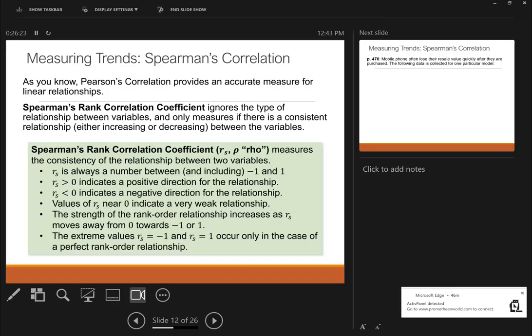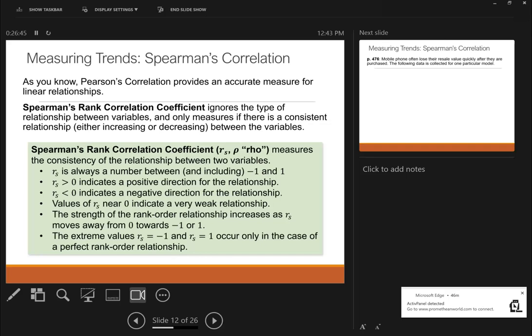The same facts are true about the Spearman statistic as for the Pearson's. So again, it's always between -1 and 1. Positive Spearman statistics mean that we have a positive direction. Negative means negative. Values near 0 indicate a really weak relationship.